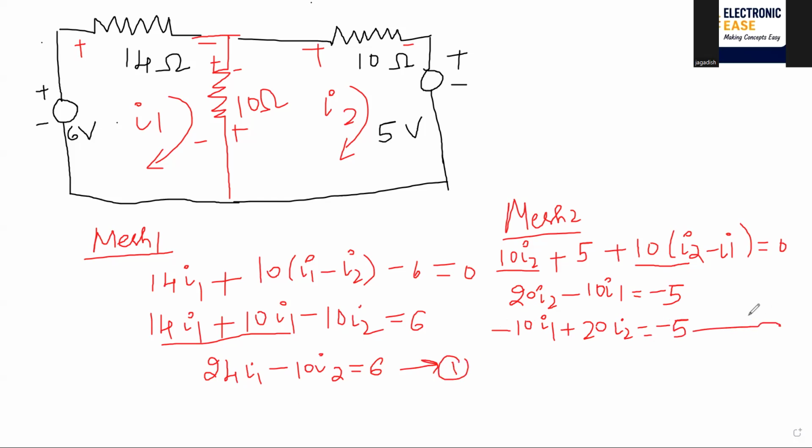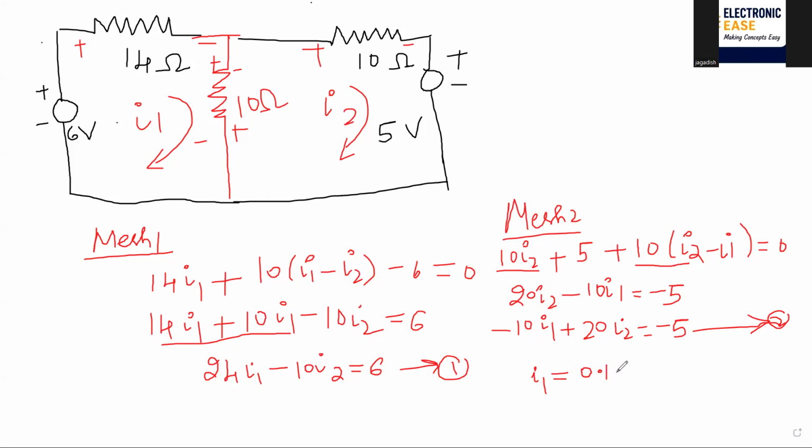Now solve for these equations in the calculator and tell me I1 and I2, children. Put it in your calculator, same steps: 24, minus 10, 6, minus 10. It comes in decimal. Tell me, I1 is 0.1842.